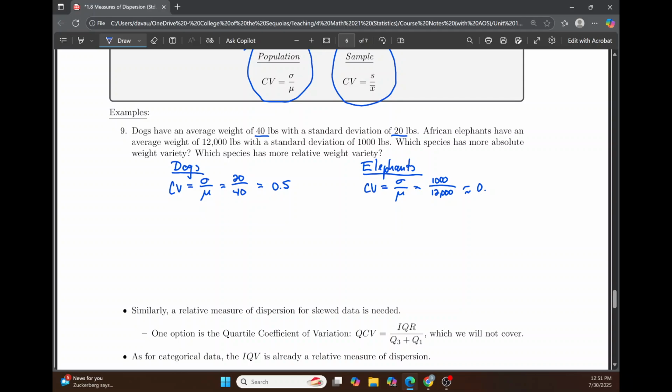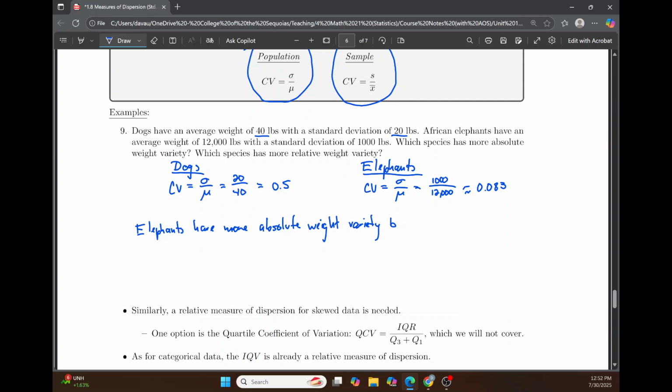Okay, so now to answer the questions, elephants have more absolute weight variety because their standard deviation is larger.